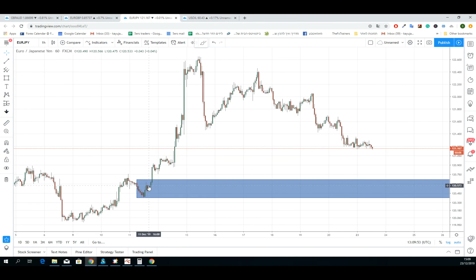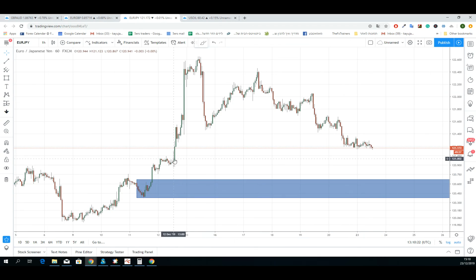As you can see, we had this demand before. The price already checked this demand once, moved up, checked this supply above, moved down, checked this demand again, then succeeded in breaking out of this demand from the left, and now the price is most likely on its way to the next demand.